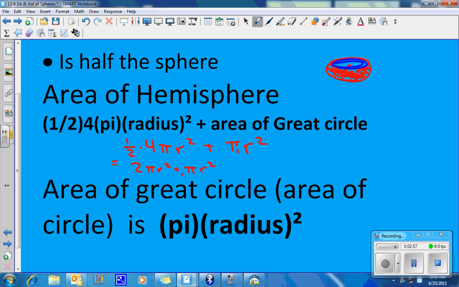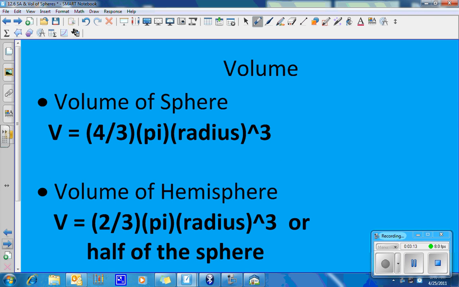So you really get 3 pi r squared. That's the shorthand of the area of a hemisphere, but the other one is just fine to use too. The great circle is just the area of a circle, pi r squared. It's the top of a hemisphere.